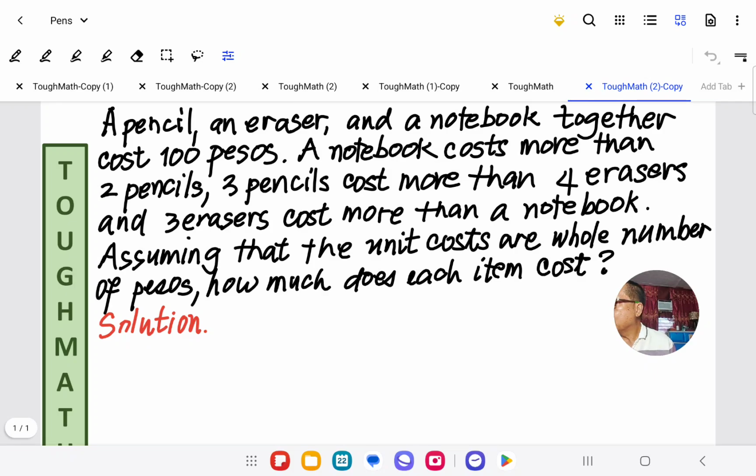Okay, so let us start by representing the unit cost.